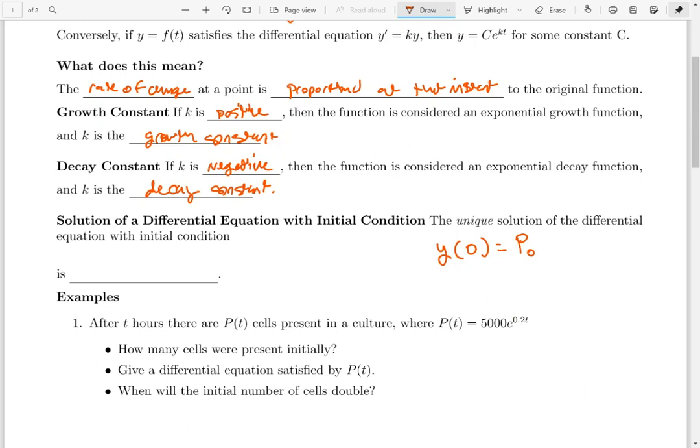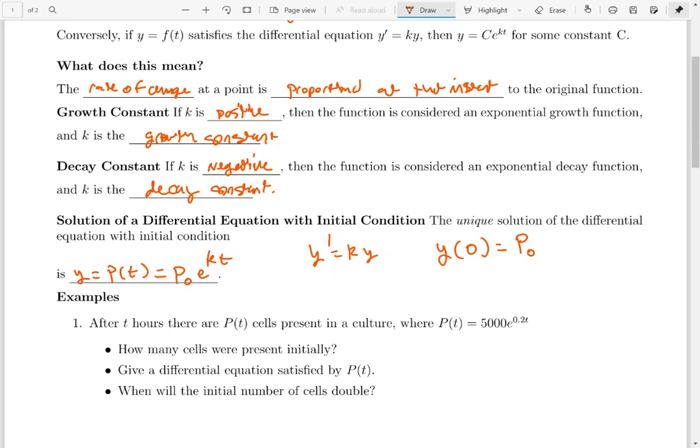And so since all this is the case, given the fact that y of 0 is equal to this constant I'm telling you is p sub 0, and we know that y prime is equal to k times y, then what ends up happening is that y is then going to be p of t, or our growth function, equal to p naught times e to the kt.